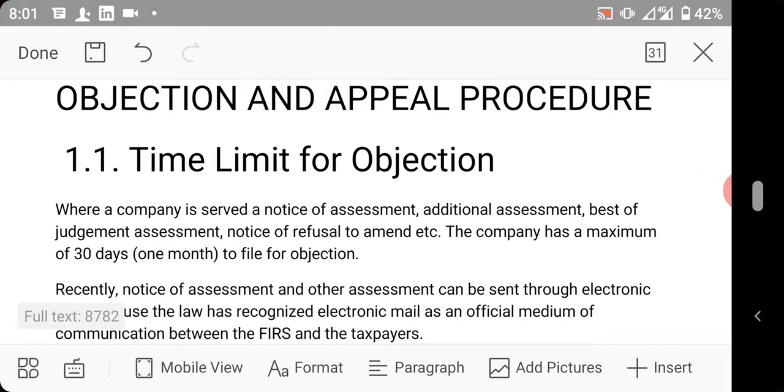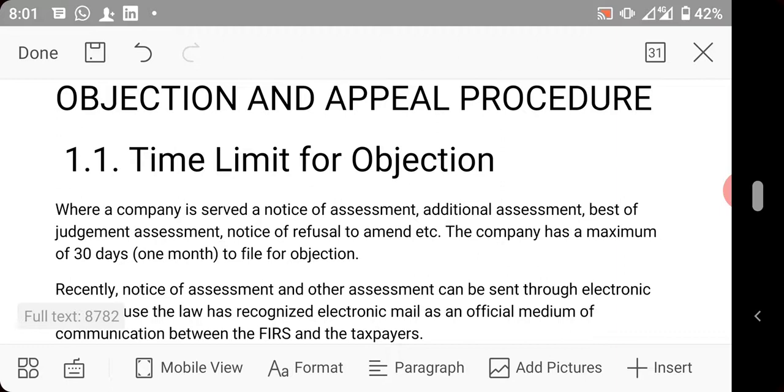So the first thing is time limits for objection. The time limit for any form of objection is actually 30 days. You understand? If you are filing an objection, you have within 30 days to file it.